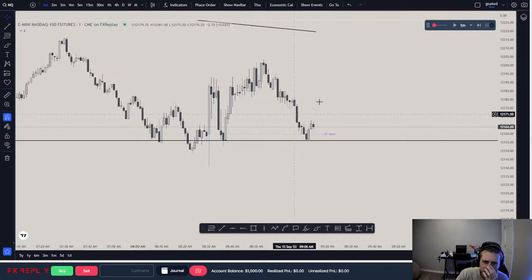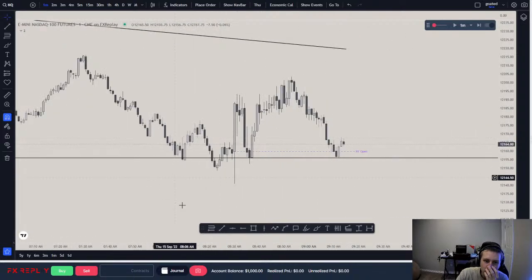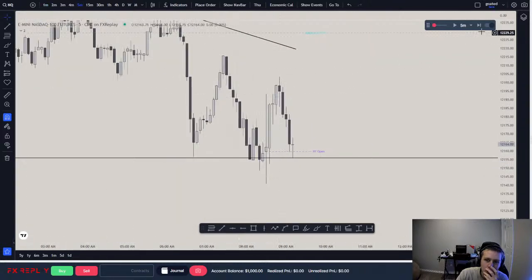I don't know. This just doesn't look as bearish. If this was 8:30 news, I would have liked to see this be the manipulation, and then I would have liked to see this be the displacement higher. But now we're coming back down to this level, showing us that maybe we're not as bearish as we thought we were. Let's see.